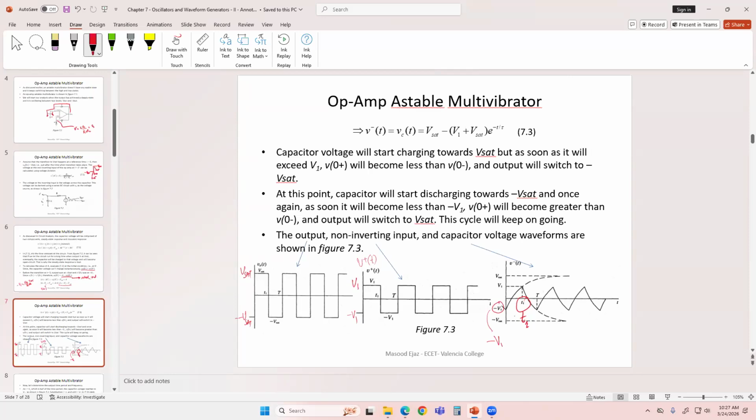And again, when it becomes a little bit smaller than negative V1, your differential voltage becomes positive again, and the output is going to jump to VSET, and V positive is going to jump to V1. And this cycle is going to keep on going. And that's how this circuit operates, based on the timing of the RC circuit. It will keep oscillating between VSET and negative VSET, and the capacitor will keep charging and discharging between V1 and negative V1. Any question about how the circuit is operating?